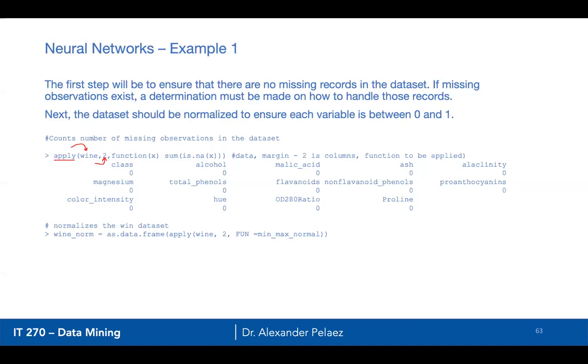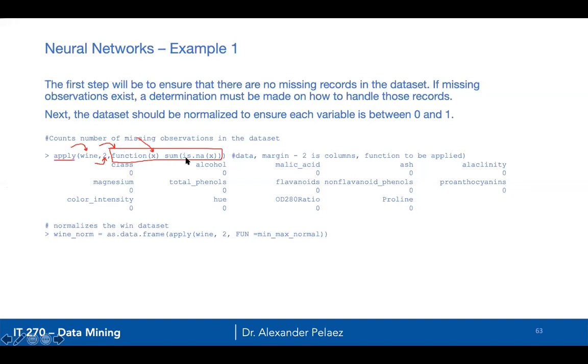What function am I going to apply? I'm going to apply this function, which I'm creating on the fly. This is an inner function that takes in one parameter. That parameter is going to be every single column in this data set. It's going to do it one at a time.